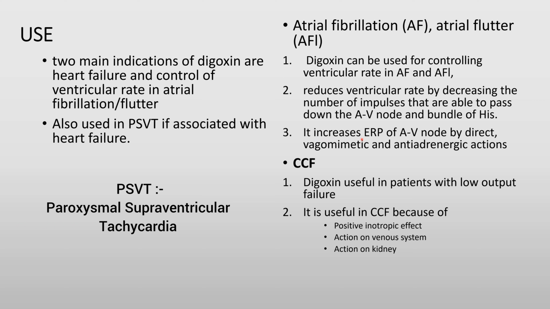It increases effective refractory period of the AV node by direct action, vagomimetic action, and anti-adrenergic actions. It simply means it increases effective refractory period of the AV node by direct actions or parasympathetic actions or by decreasing sympathetic actions.